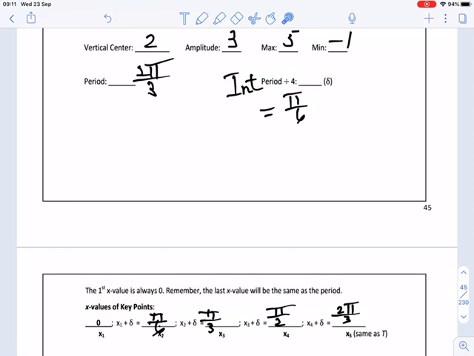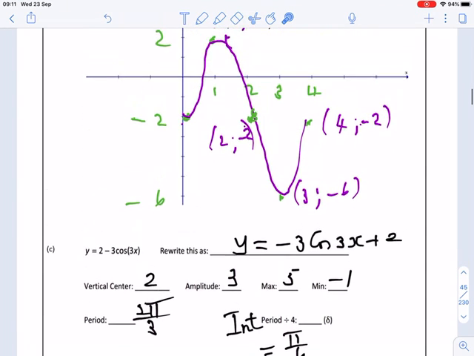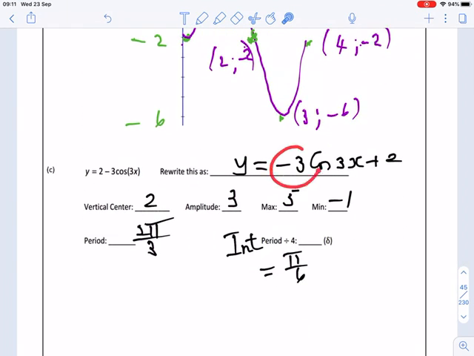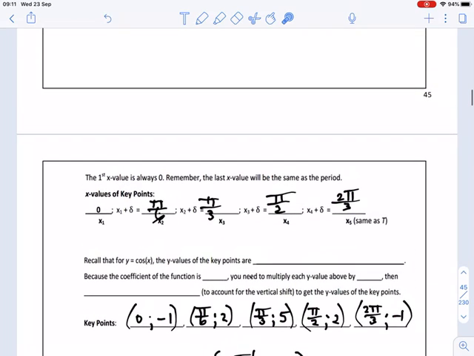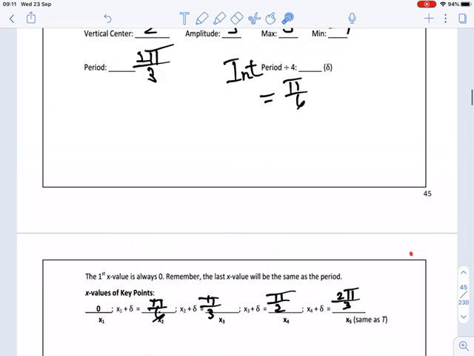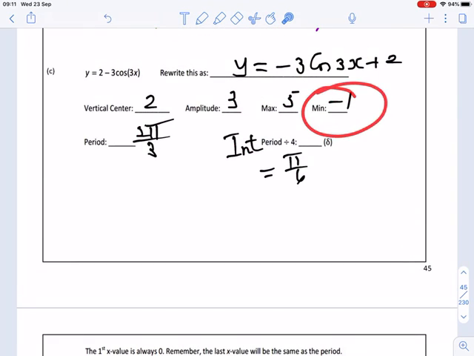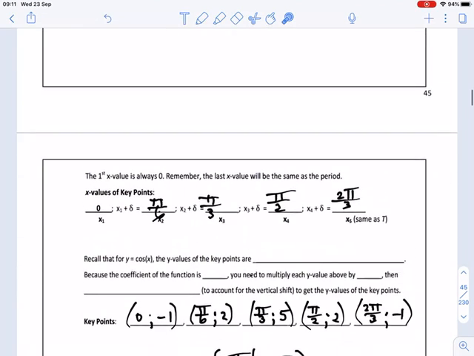Okay, so this is a cos graph, but it's a negative cos graph, so it must start at the bottom position. So when I do my 5 points now, my first one must be at the bottom, at the minimum. That was at -1. So my 0 will be at -1.